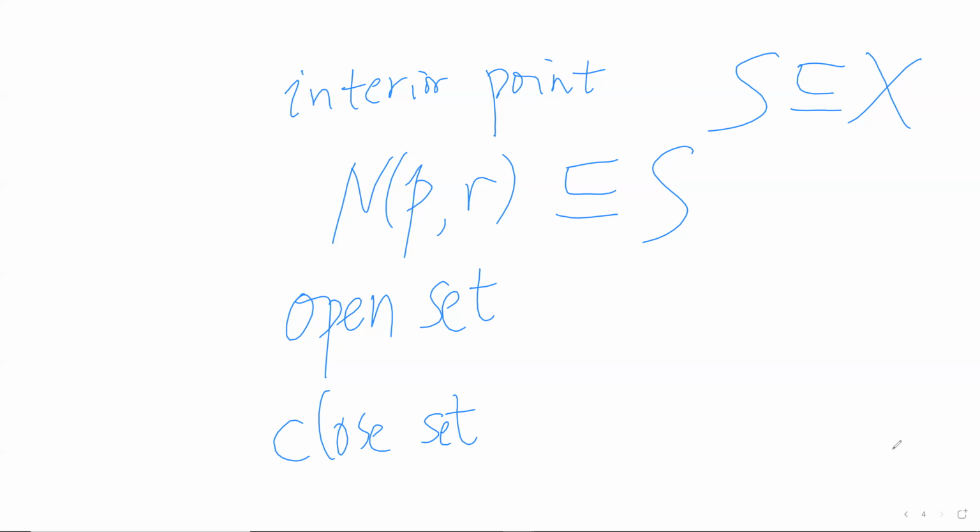If for a set S, it is a closed set and every point is a limit point, then that set is called a perfect set.